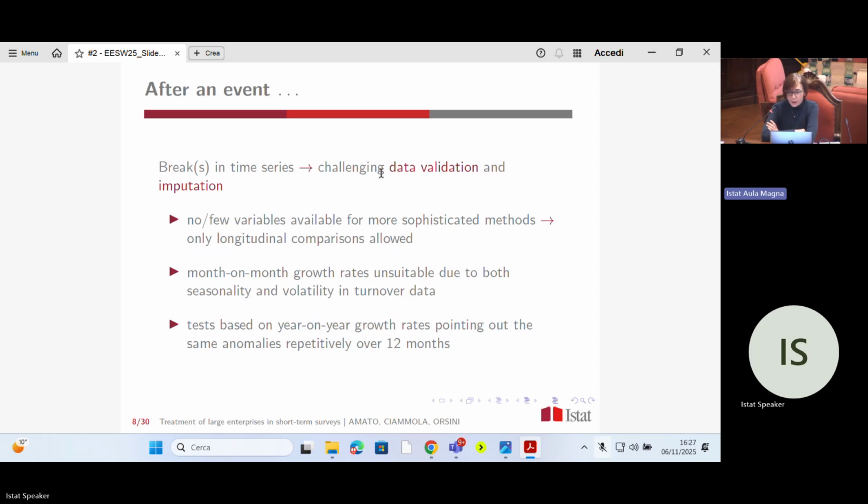The first ones are unsuitable for some kinds of variables like production or turnover due to their marked seasonality and volatility. And so the tool that we can use is year-on-year growth rates, which have the problem that they point out the same anomalies over 12 months.